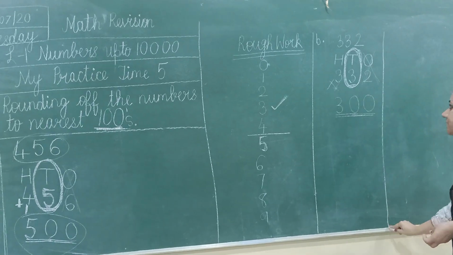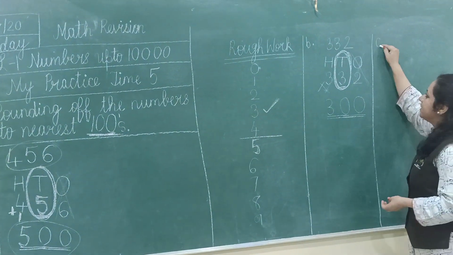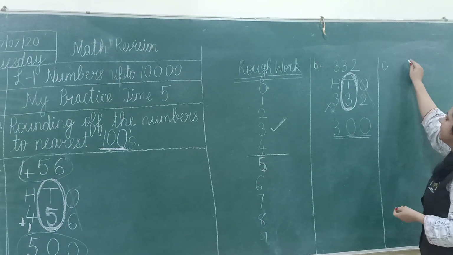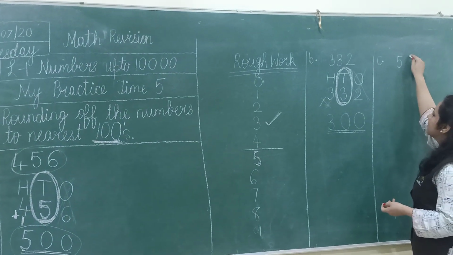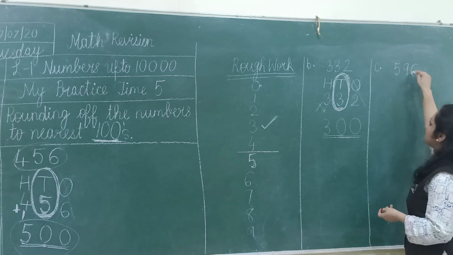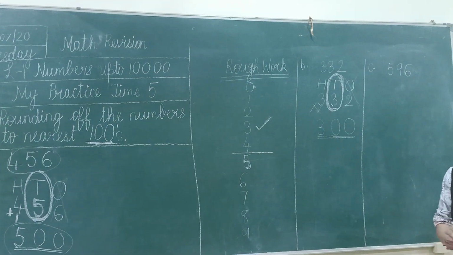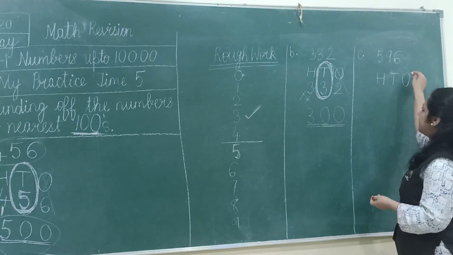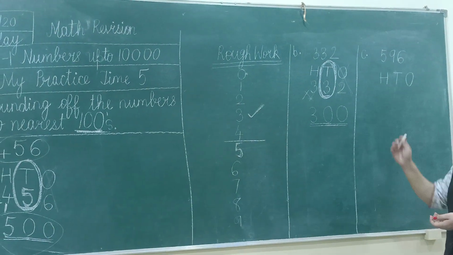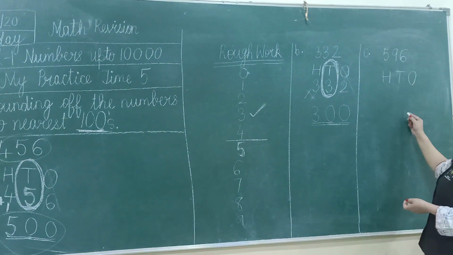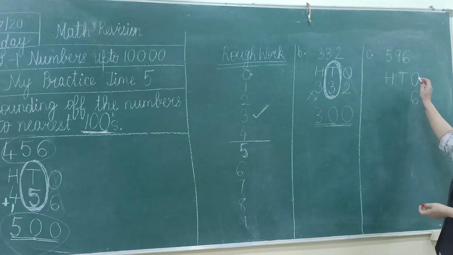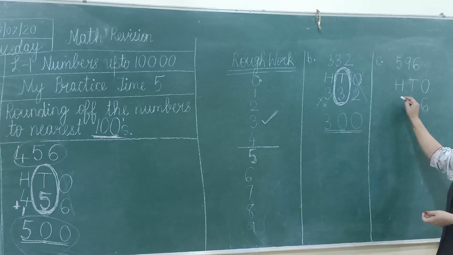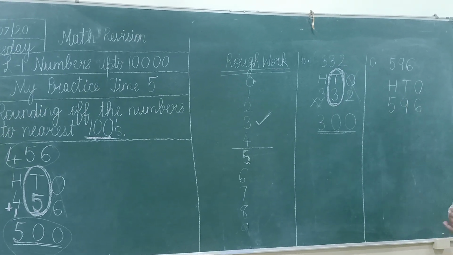Now we take another example of rounding numbers to the nearest hundreds. First we write which number is coming under which place. 6 is under the ones place, 9 is under the tens place, 5 is under the hundreds place.